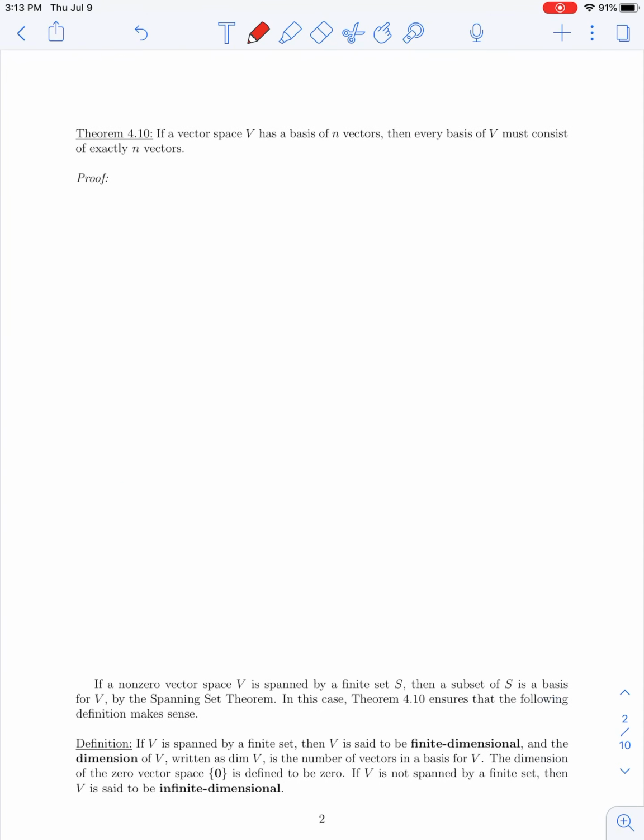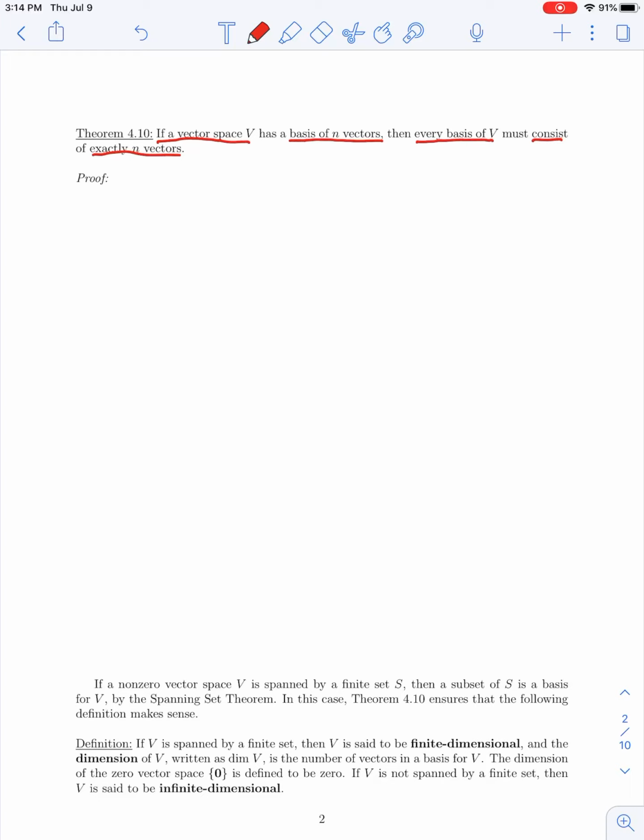All right. So let's look at another result, which will then allow us to define the dimension of a vector space. So this next theorem, 4.10, says if we have a vector space V, which has a basis of n vectors, then every basis of V must consist of exactly n vectors.